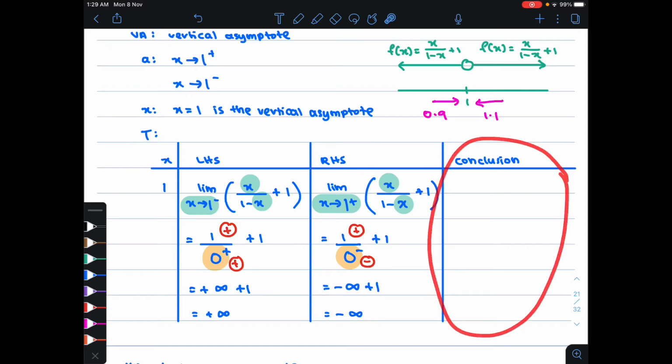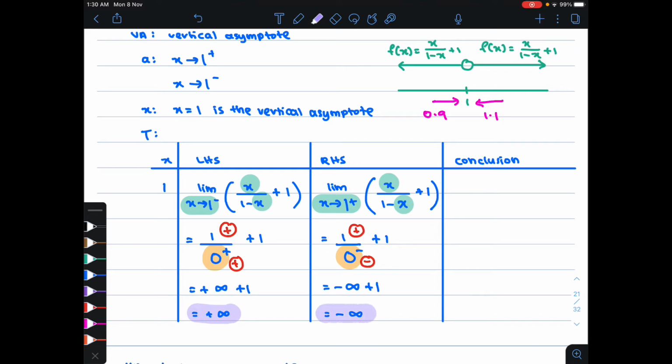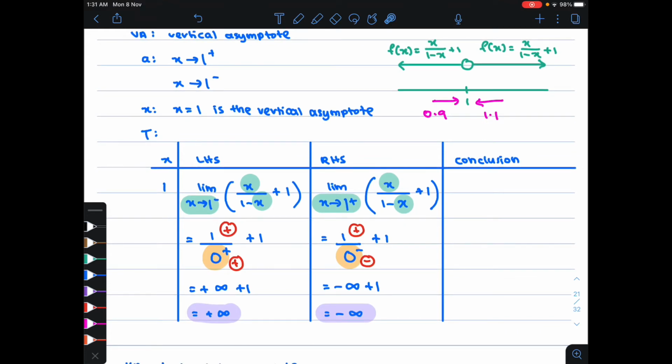Now let's make the conclusion. For the left hand side, we have positive infinity. For the right hand side, we have negative infinity. So here are our answers. For vertical asymptote, as long as you can see infinity, whether it is positive or negative, it is not important.